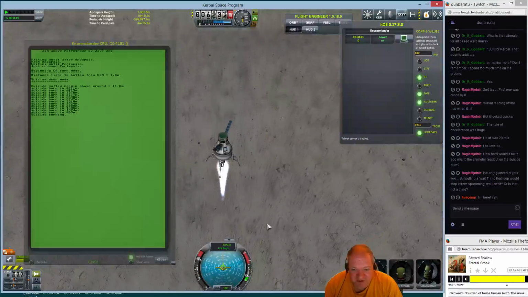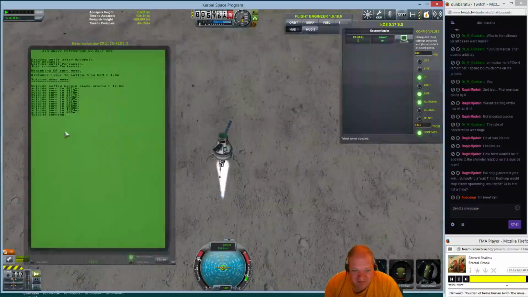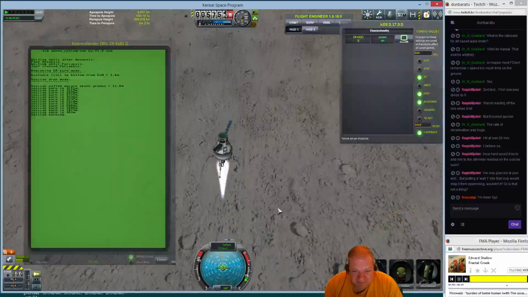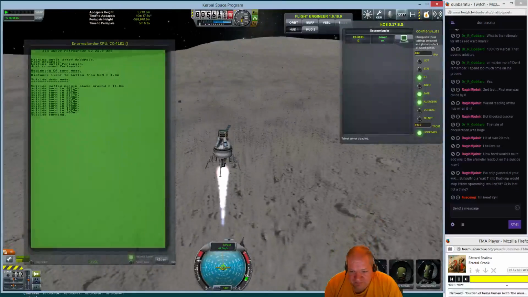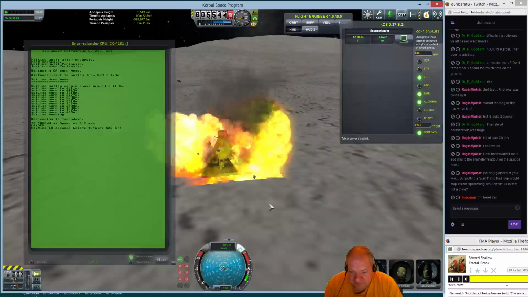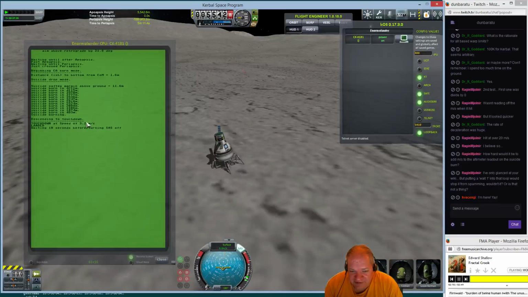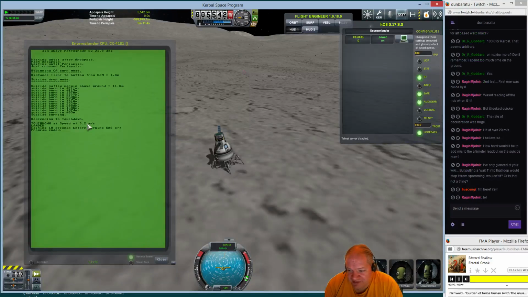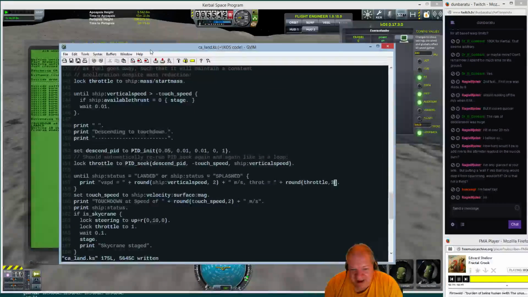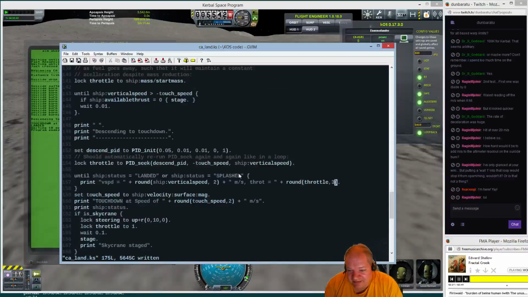Or so I thought it would. Nothing's printing. Now it claims it hit at 3.2 meters a second. We determined that that's not actually true, because that is printing out after the status becomes landed. See, this didn't do anything.